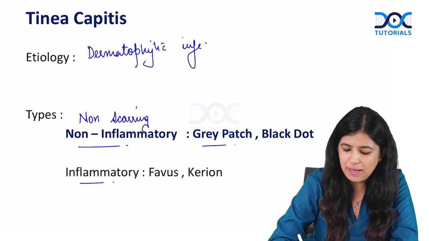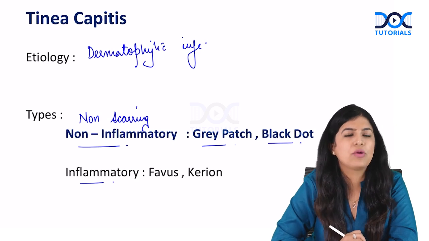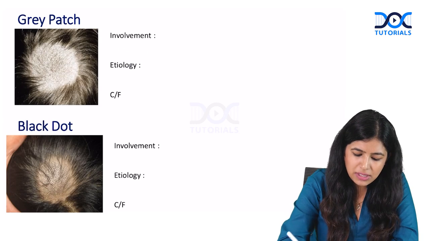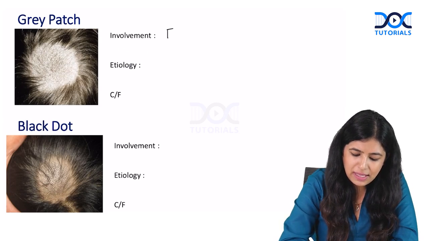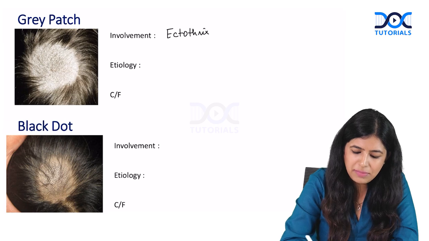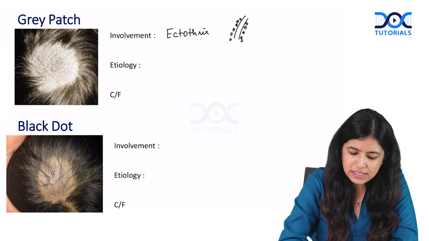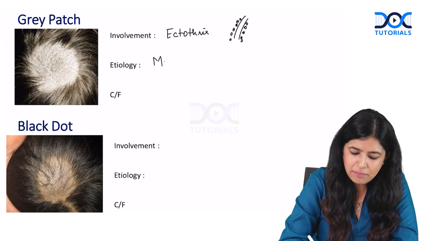Here we have grey patch and black dot type of Tinea capitis. Now, coming to the grey patch, this is an ectothrix type of infection, meaning the fungal spores are on the outside of the hair shaft, and this is generally caused by the Microsporum group of fungi.